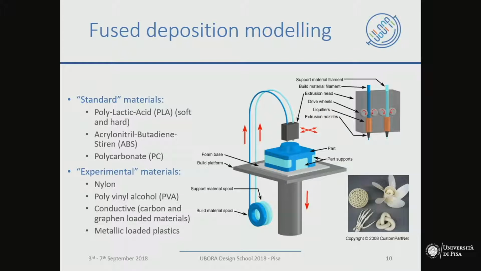You can have multiple nozzles, and usually when a 3D printer has multiple nozzles, let's say 2, the second one is used to print the support material, which is a material that will help you to maintain the parts of your object in position during the printing process.